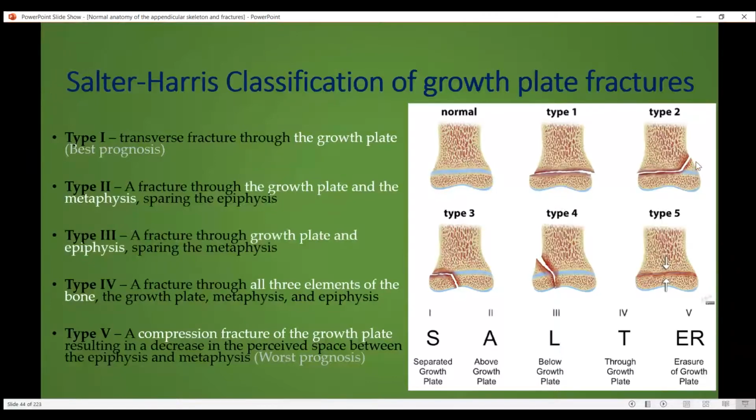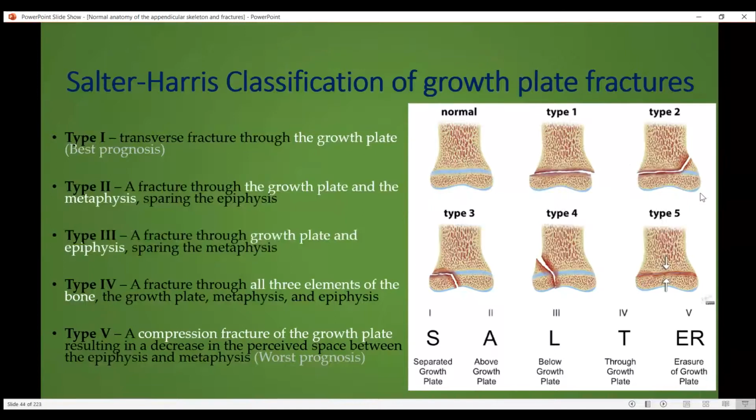The part in blue is the normal bone, but some part of the metaphysis is also broken. So a fracture involving the growth plate and the metaphysis is called Salter-Harris type 2.